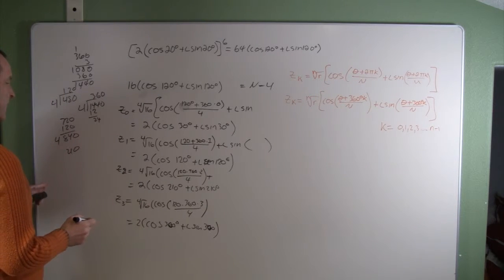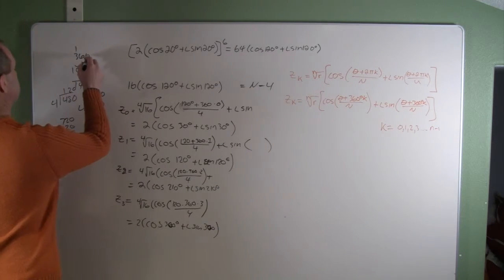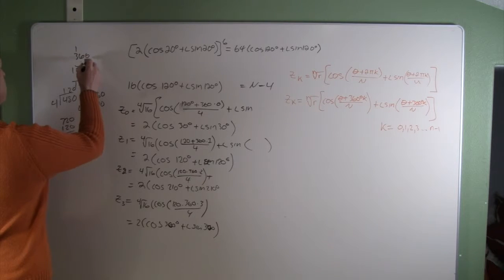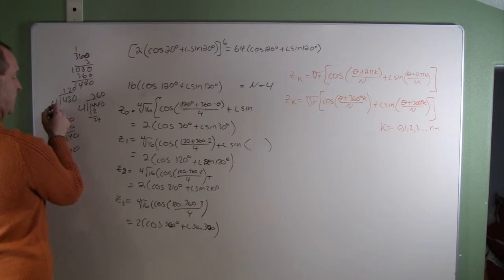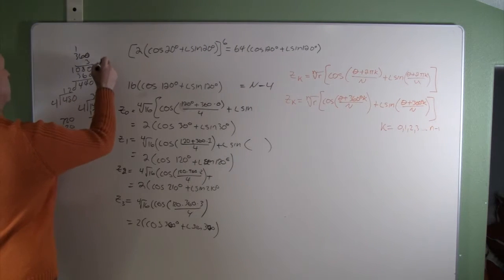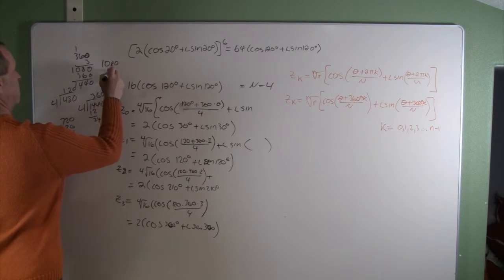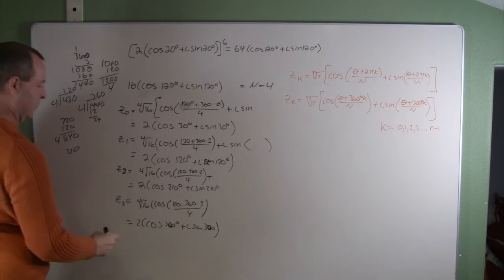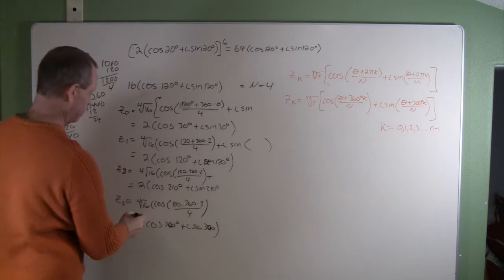So 360 times 3, I'm curious, 360 times 3 is 1080, plus 120. Divide that by 4, that gives me 300. All right, all is all right with the world.